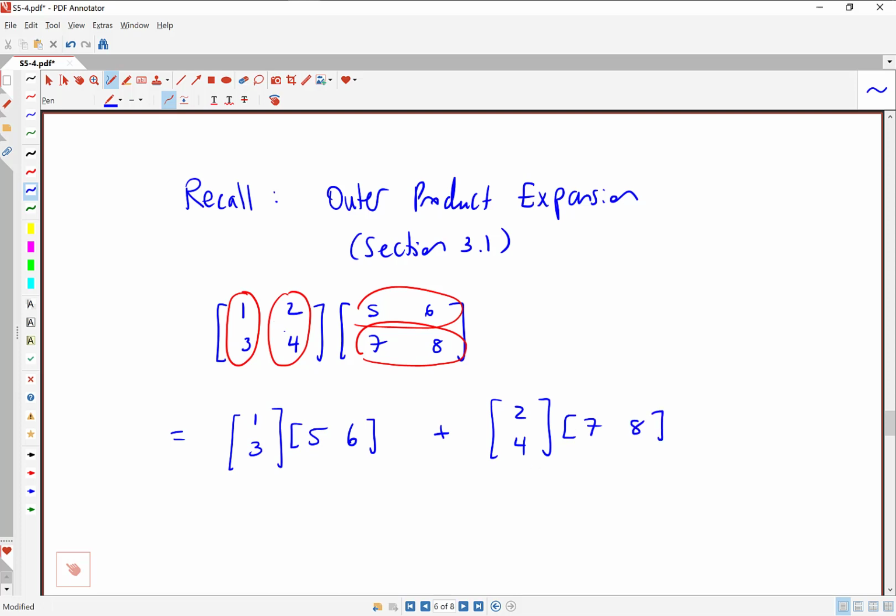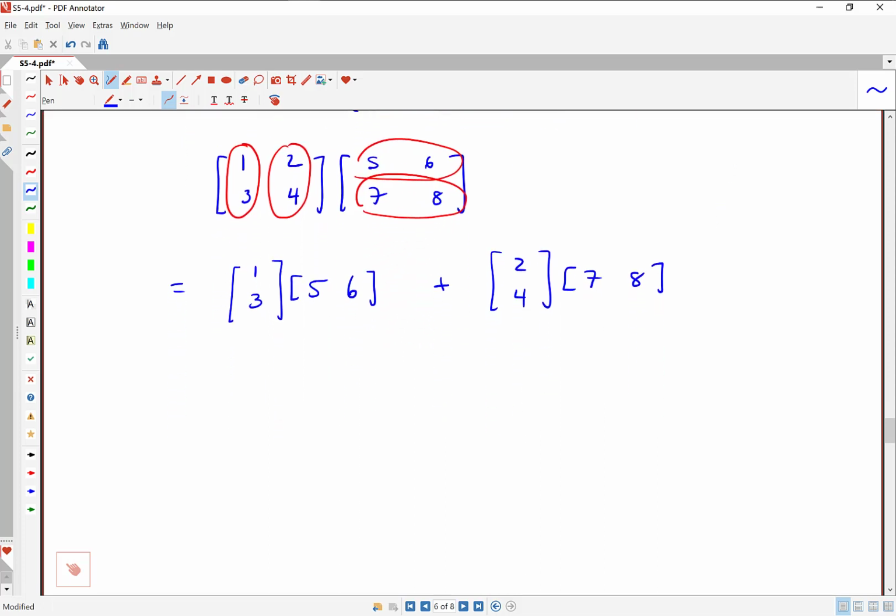So if you're multiplying two 2 by 2 matrices, you'll just have two terms in this sum. If you were multiplying 3 by 3 matrices, you'd have 3 terms in this sum. Okay, so let's multiply this out and let's confirm that this really does give us the correct product.